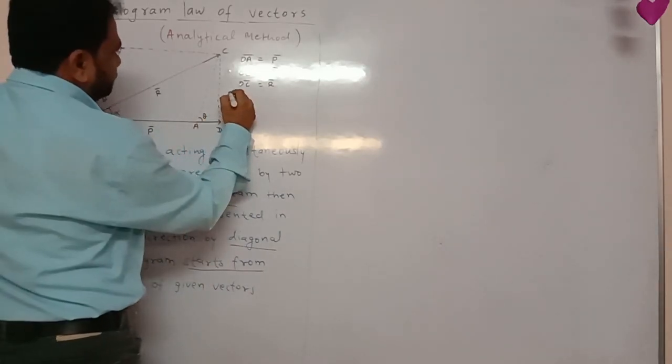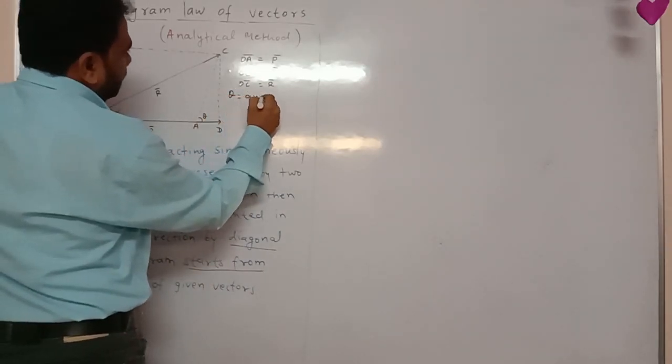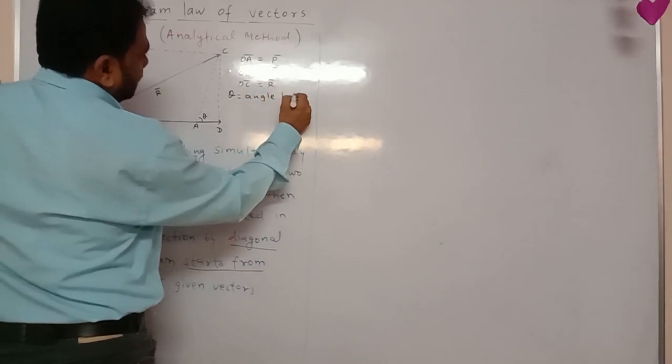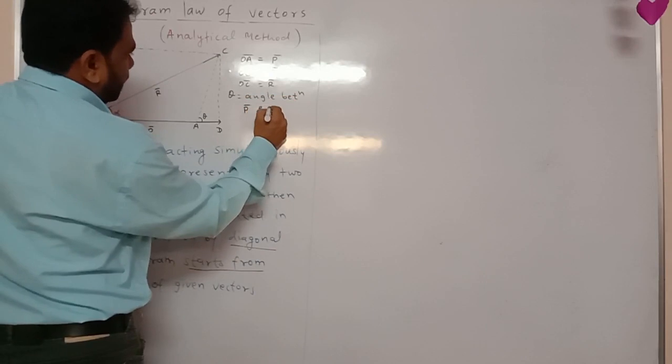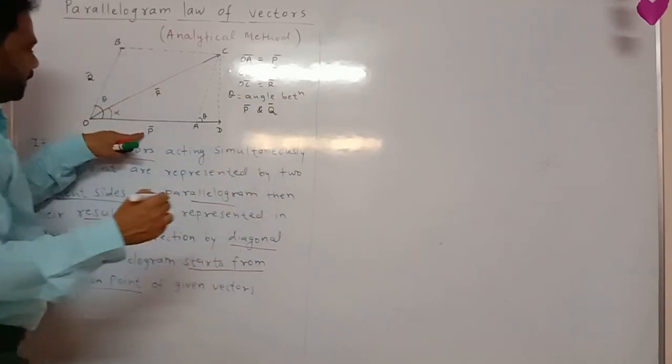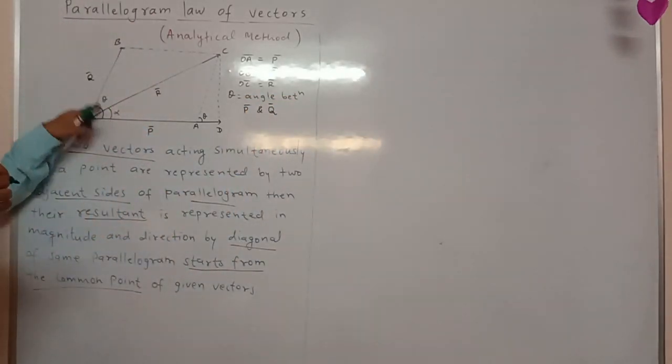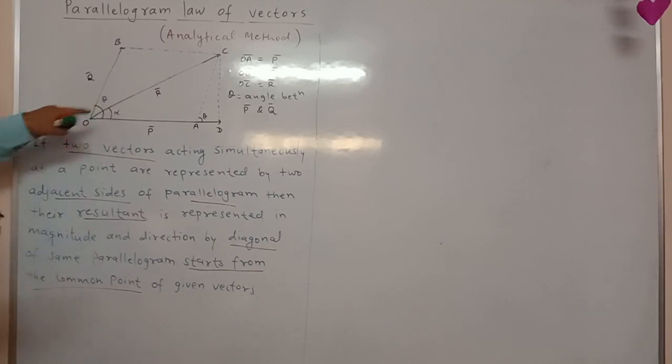Theta is the angle between vector P and vector Q. Between these two vectors, the angle of inclination is theta.